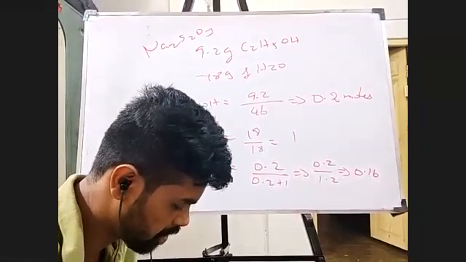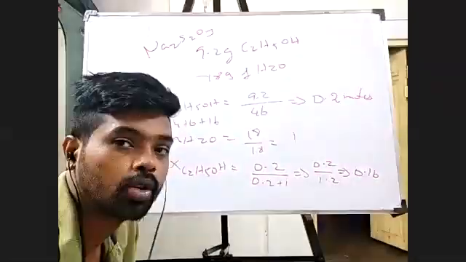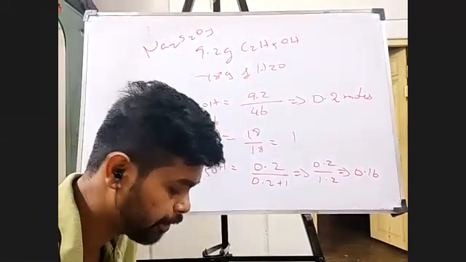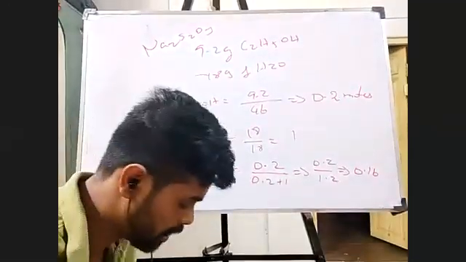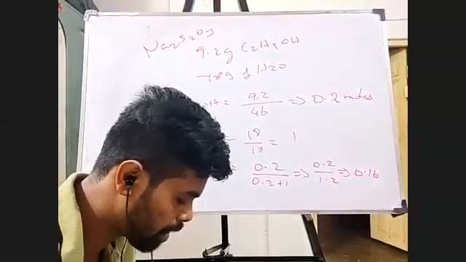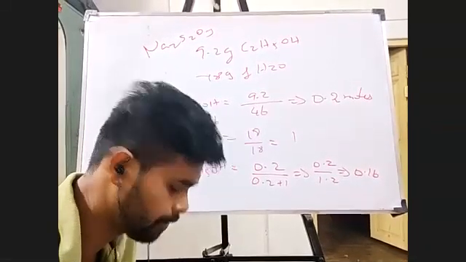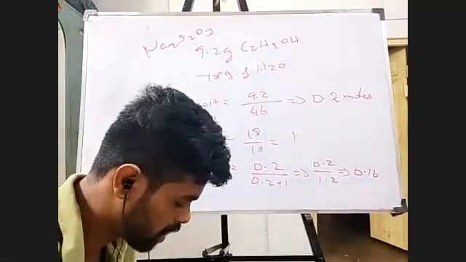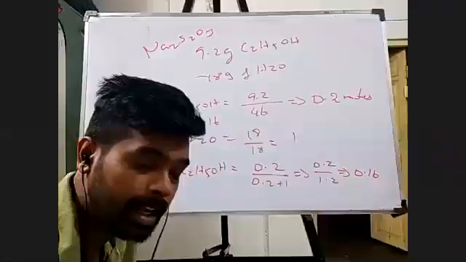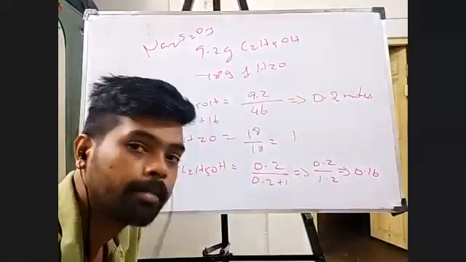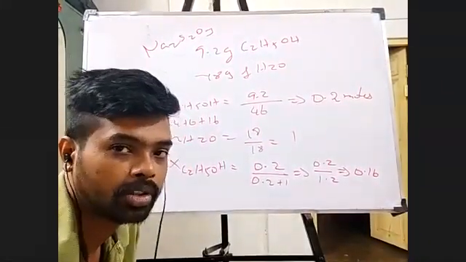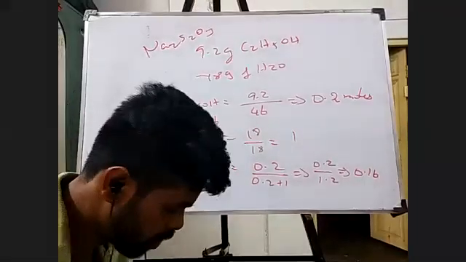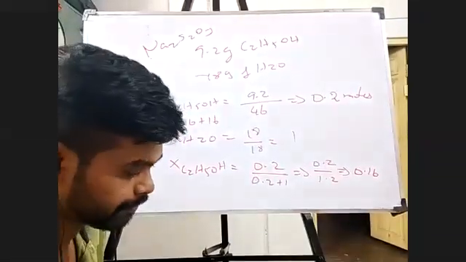So again, I repeat the question. Na2S2O3 solution is 5% by mass and the density of the solution is 1.04 gram per ml. Okay, they're asking you to find the molarity, molality, and mole fraction of Na2S2O3. Okay, fine.